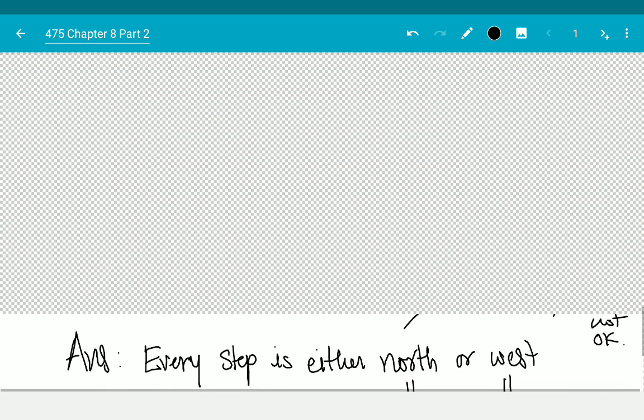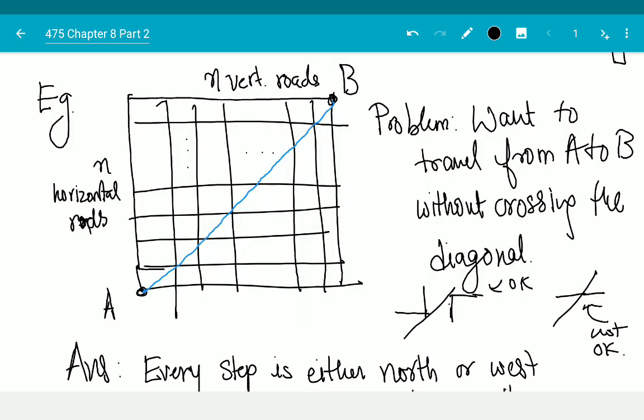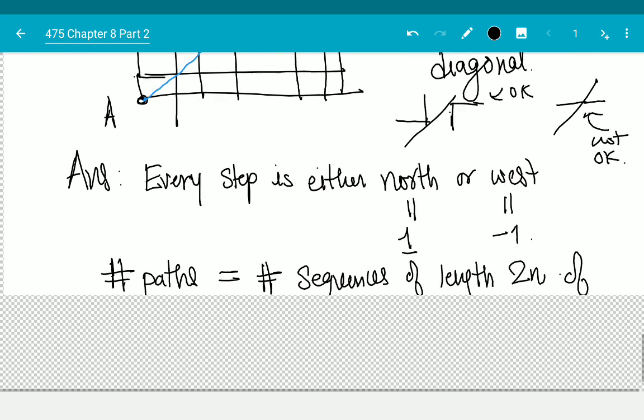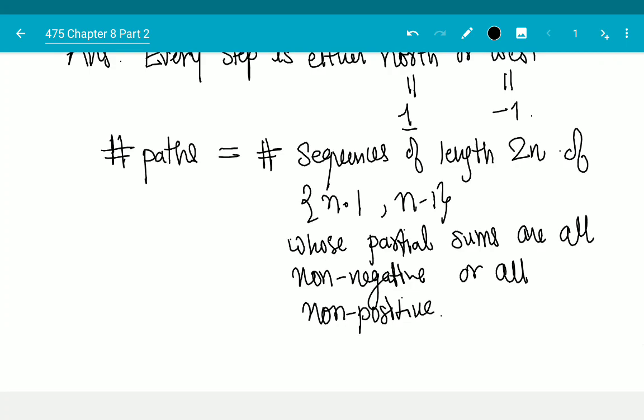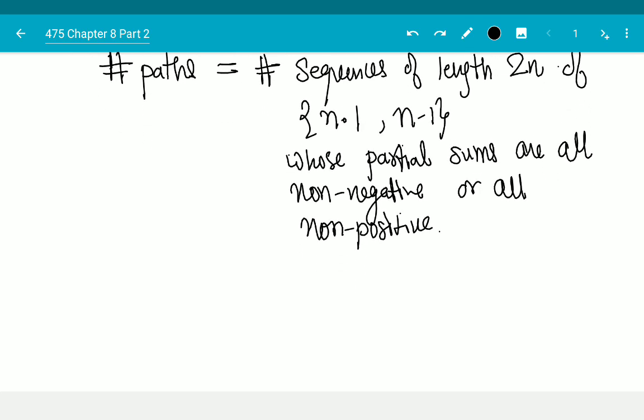Because if I go above, I have to stay above. That means my partial sums have to stay positive. If I go below, I have to stay below. That means my partial sums are always negative.